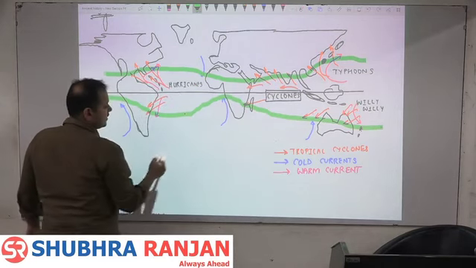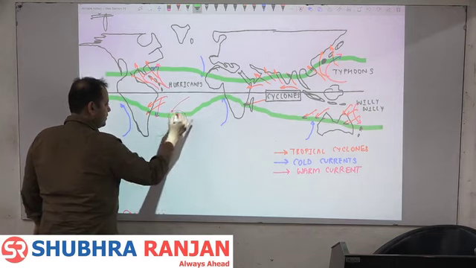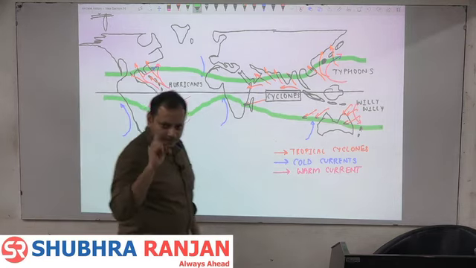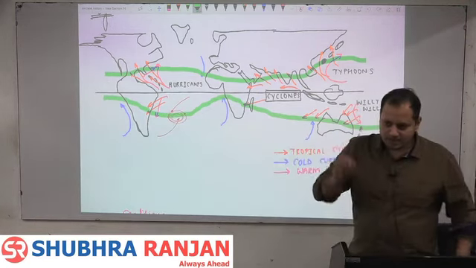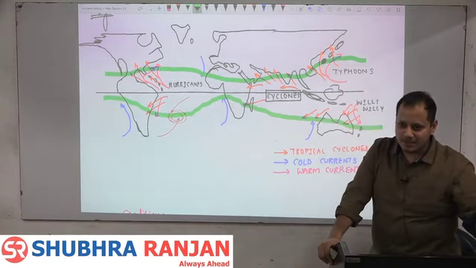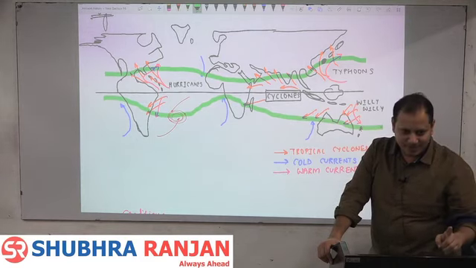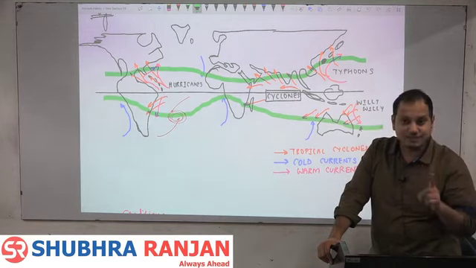For example, if the ITCZ is here, understanding? There has to be convergence of air masses. Where will the air masses converge? Wherever there is ITCZ. Cyclones ke liye there has to be convergence of air masses.